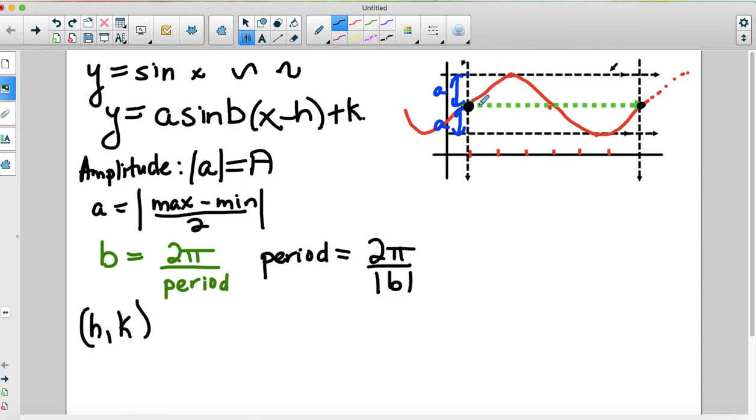I will show you in the next screen what I'm talking about, because we could have started our sine function from here and then gone down, up, and completed it on the other side. So the H and K will really be changing for different perspectives, and it will be your starting point in the middle of a curve.